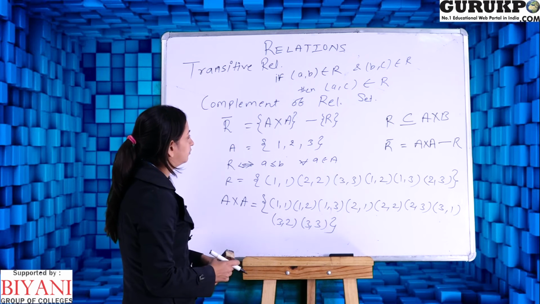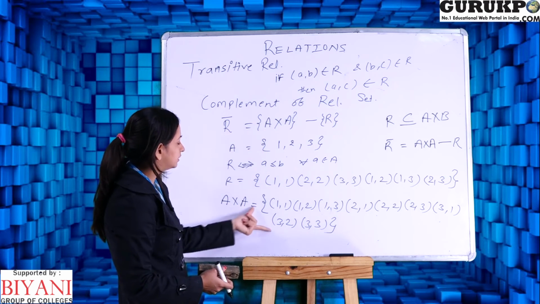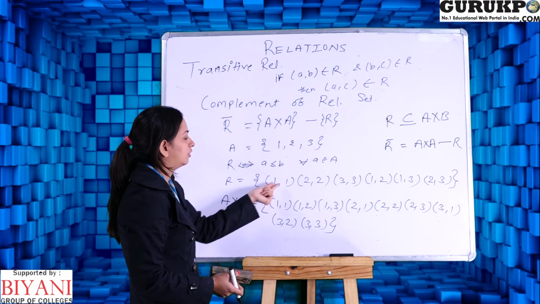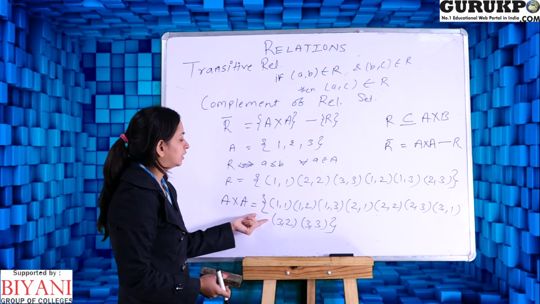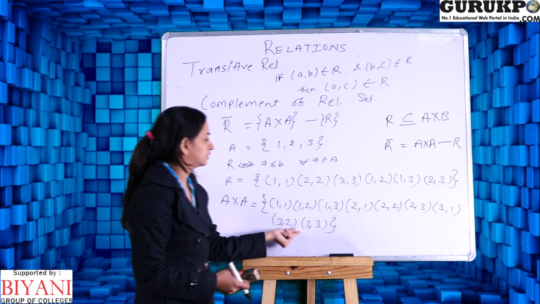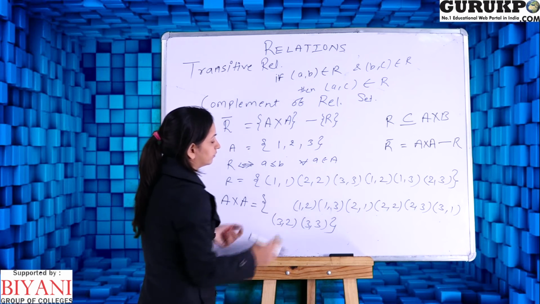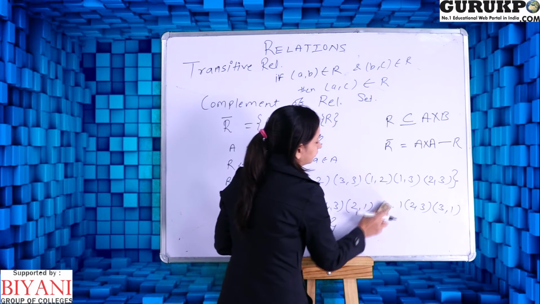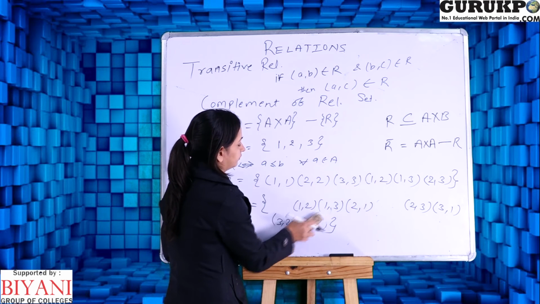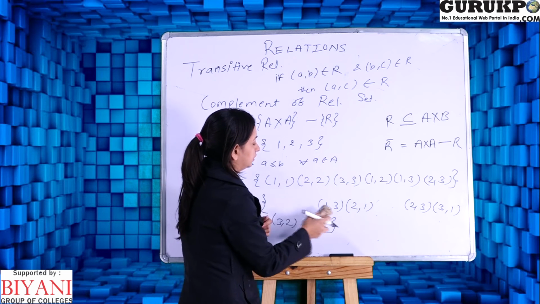Okay, so this will be my set of Cartesian product of set A with itself. What I am trying to find is the complement of relation R, that will be given by this set minus this set. So all the elements which are in this set but not present in this set. So I am just subtracting these elements from this set. 1 1 I am removing. 2 2 I am removing. Then 3 3 I am removing. 1 2 removed. 1 3 removed.